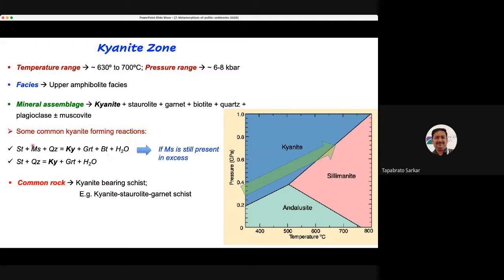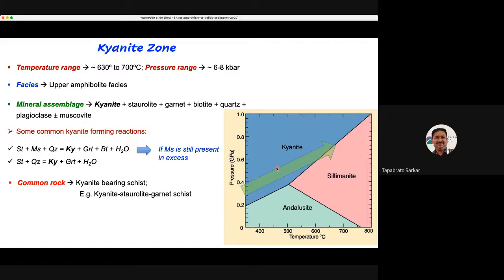If you don't have muscovite on the reactant side, then you don't form biotite, you form only kyanite and garnet. Again, water is going out, and you are slowly forming minerals which are all anhydrous. You have kyanite, which is anhydrous, staurolite is slightly hydrous, garnet is anhydrous, quartz is anhydrous. So you are forming more and more anhydrous minerals as water is being released.